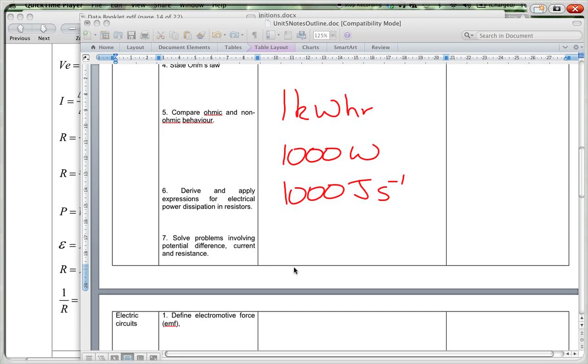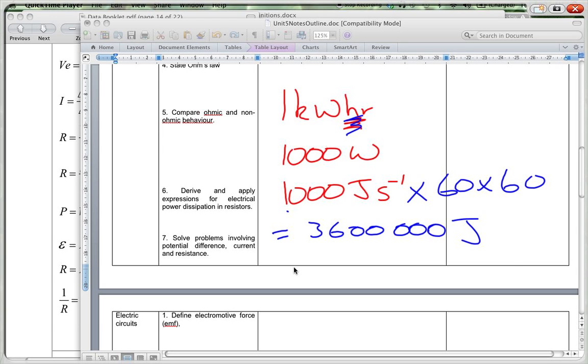And it's for an hour, so that is going to be in seconds. We're going to have to multiply that by 60 times 60. 60 times 60 is 3,600, times 1,000, 3,600,000 joules. That corresponds to a kilowatt hour.